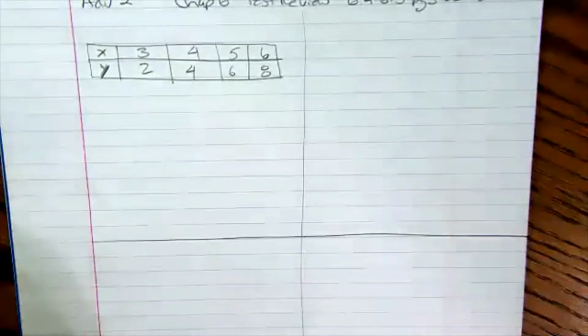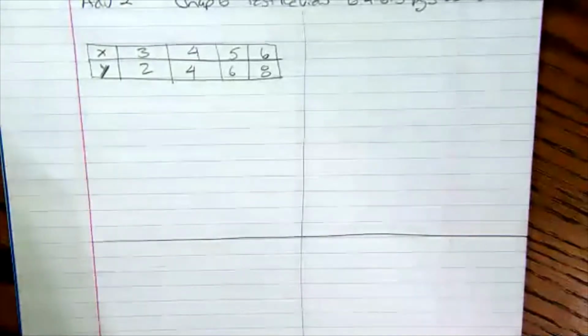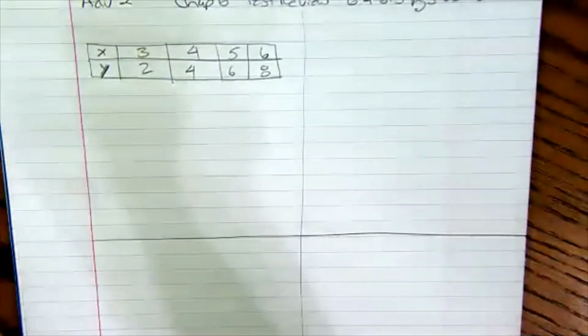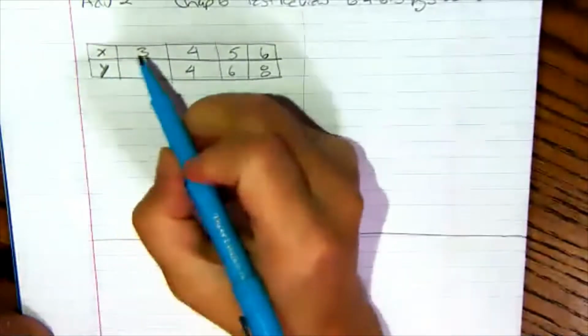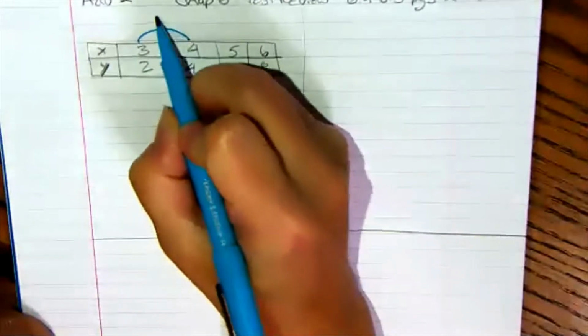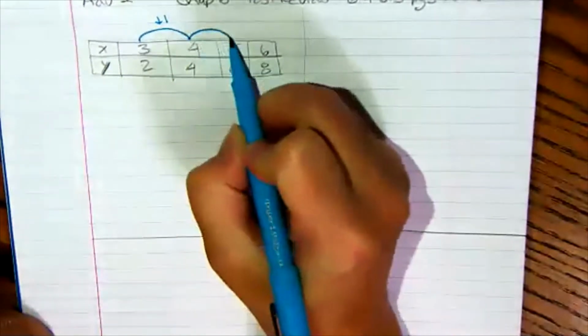They're telling us that this table is a function, but we want to know, is it a linear function or a nonlinear function? So we need to know, does this table show a constant rate of change or not? So we need to look at the patterns.